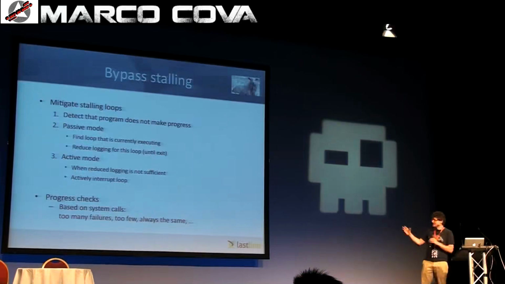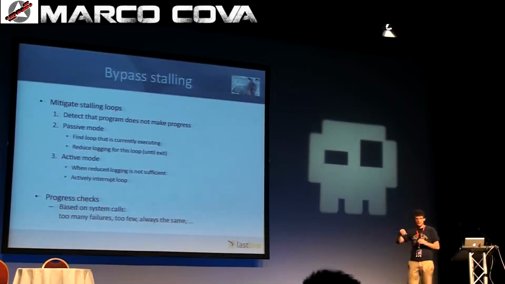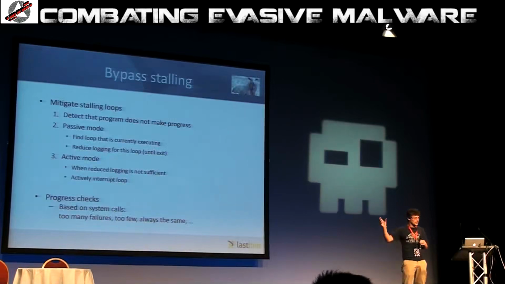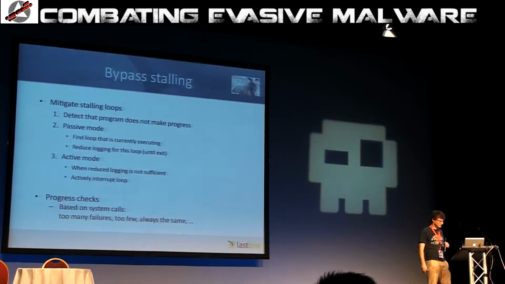First of all, we detect that the program is not making any progress. We see that it's always executing in the same code region. The system calls that are executed are really not interesting. We have a bunch of heuristics there to tell us, this sample may be trying to evade us by doing a stalling loop.